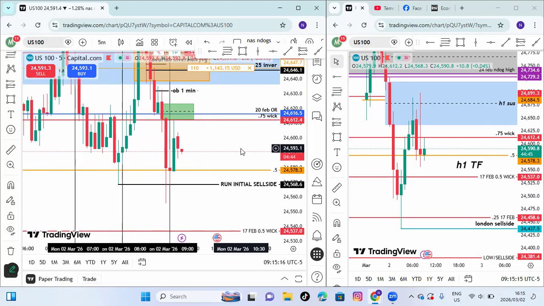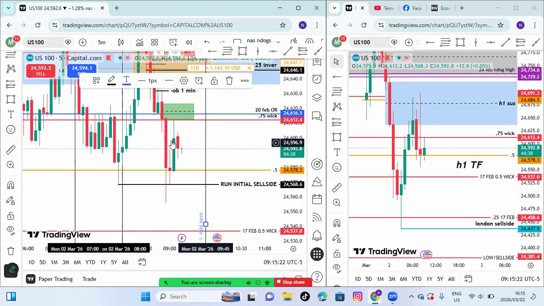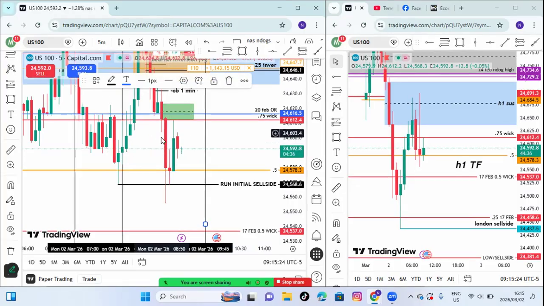So far, so good. 5 minutes. Here, if I remove this, you can see that this value gap went outside of it, but closed inside of it. Respect. And this one is still inside of that. So that is what we call respect of the AVG, right? Yes, respected that.